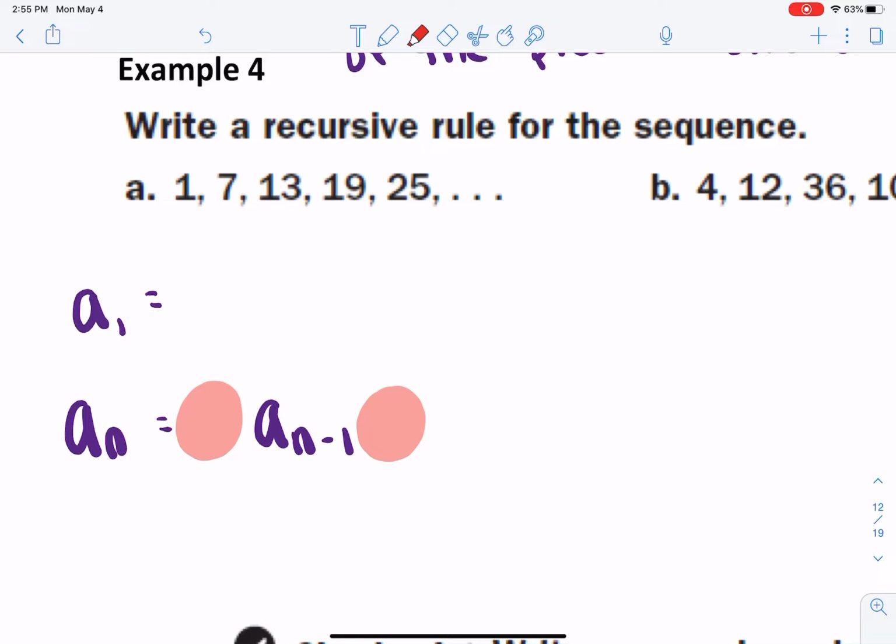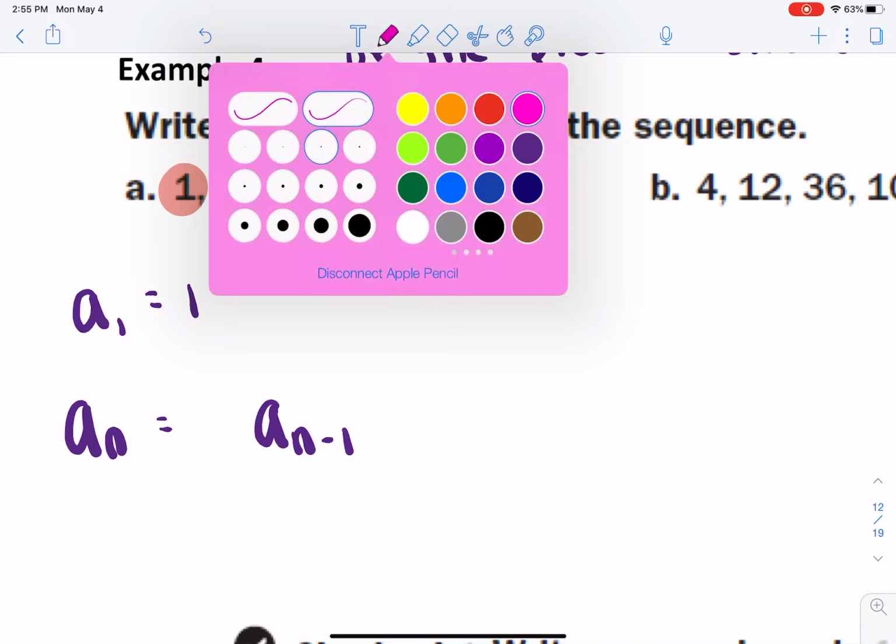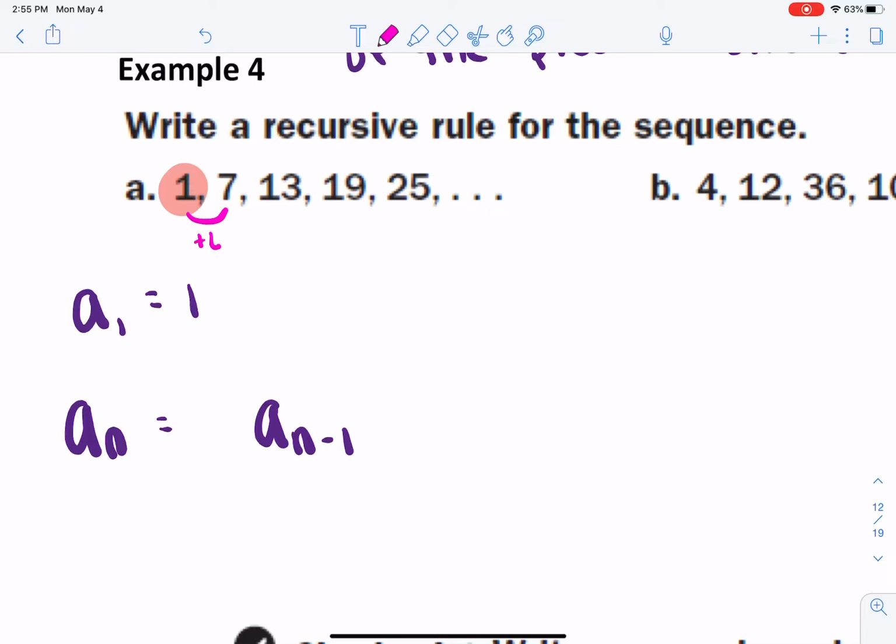Depending on what's happening in the sequence. So just leave a little space. So now, our first term is 1. So I'm going to plug in a 1. Now let's see what's happening each time. So it looks like we're adding 6 each time.